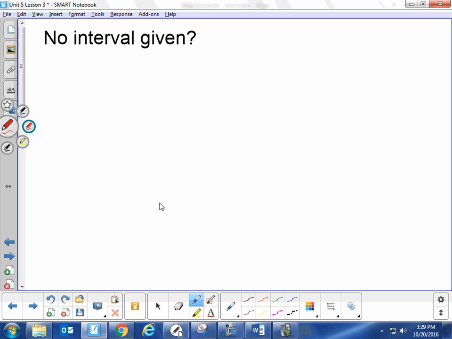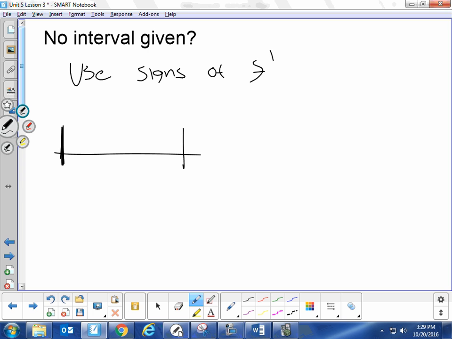If you are not given an interval, you could use the signs of f prime. And you know that if you have a very set interval from one location to another, and you go from positive to negative, this is definitely going to be the location of your max, because f is increasing and then decreasing.